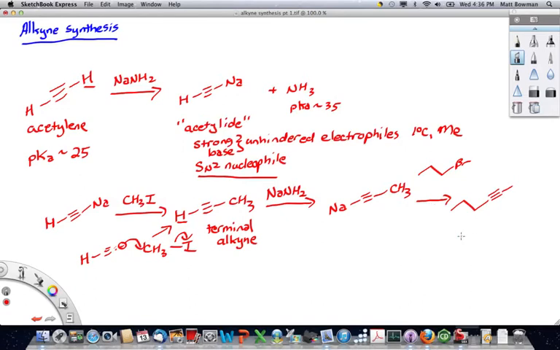This is not a terminal alkyne. You can't add any more carbon units to this because it no longer has any acidic hydrogens you can pull off and make into a good nucleophile.